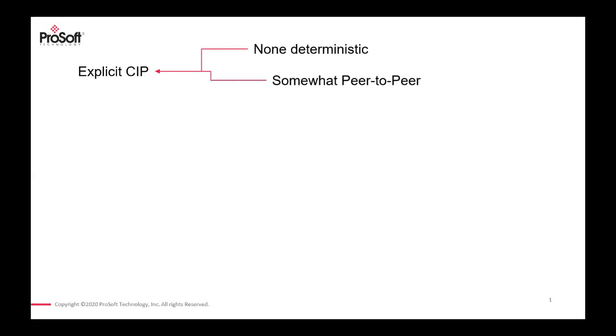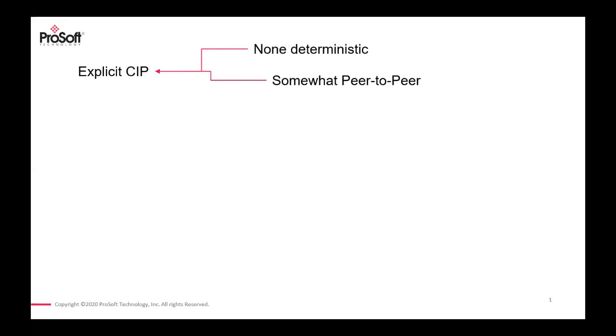It is also peer-to-peer in the sense that you are going to have a client communicating with a server, right? I like to say it's somewhat peer-to-peer. Why do I say so? Your individual server can talk to multiple clients. Your individual client can talk to multiple servers. You can actually have advanced devices that can operate as a server communicating to multiple clients or as a client communicating to multiple servers.